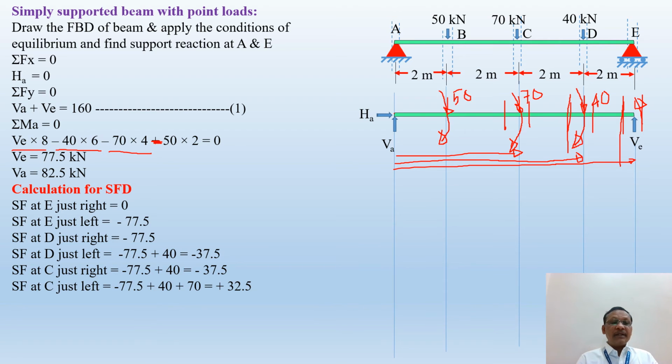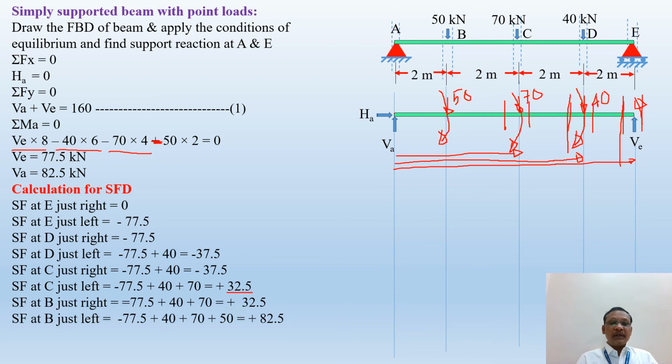Then shear force at C, just left, you will get three forces. One is VE vertically upward, 40 vertically downward, 70 vertically downward. I have written here, and you will get the shear force at C, just left, is equal to minus 32.5. Similarly, you can calculate the shear force at B, just right and left, and shear force at A, just right and left.